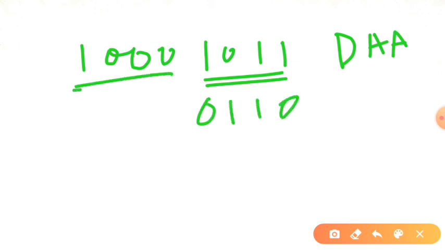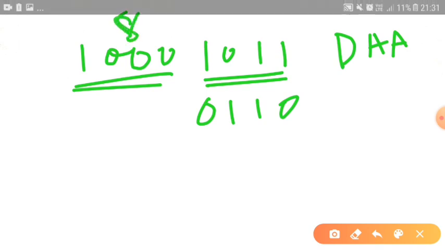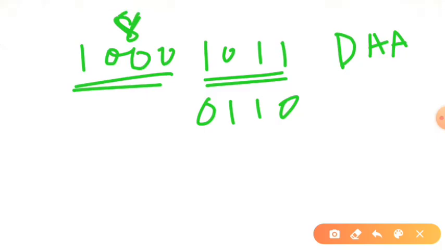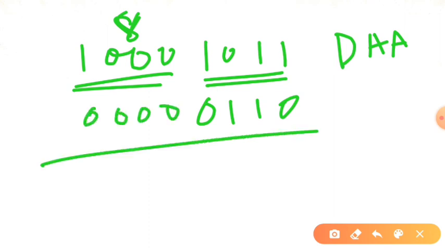And the higher order 4 bits, obviously it is 8, which is lesser than 9. Also the carry flag was 0, so we do not need to add anything to the higher order 4 bits. So 0000 is added to the higher order 4 bits.